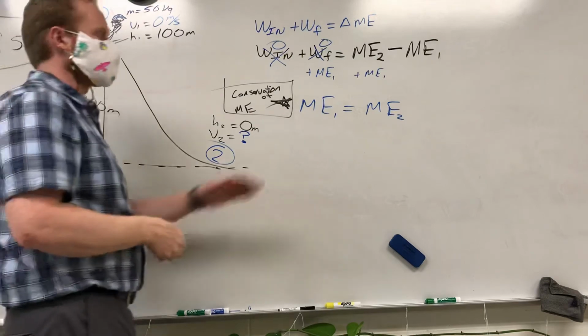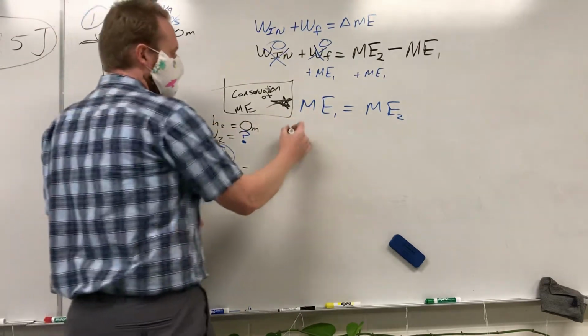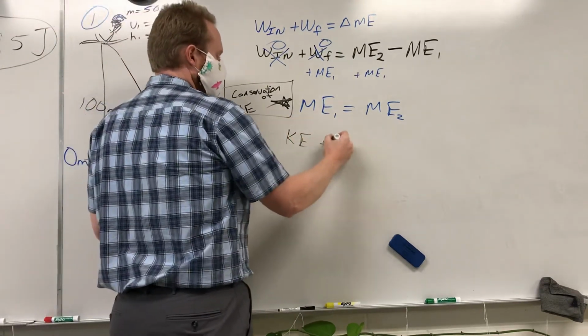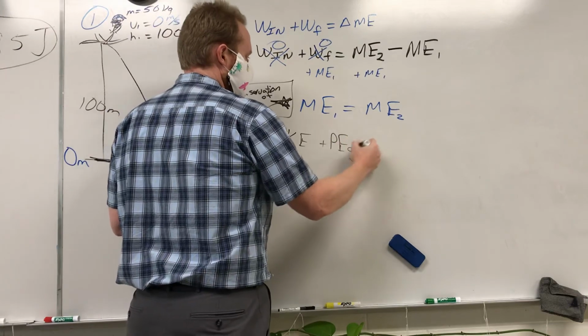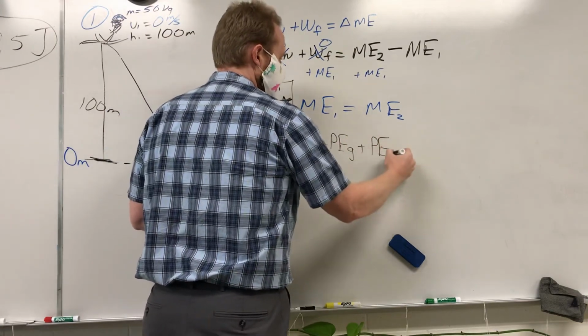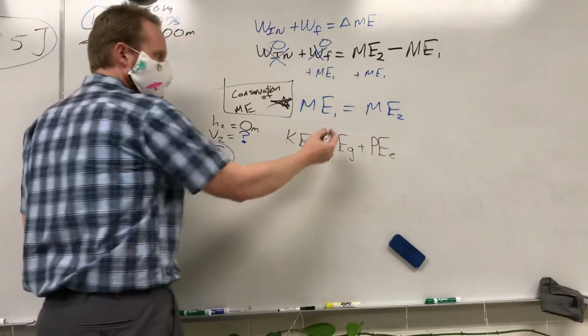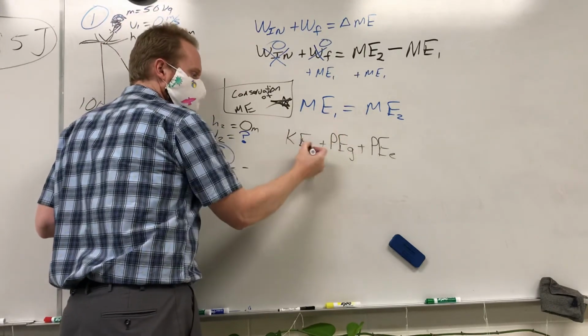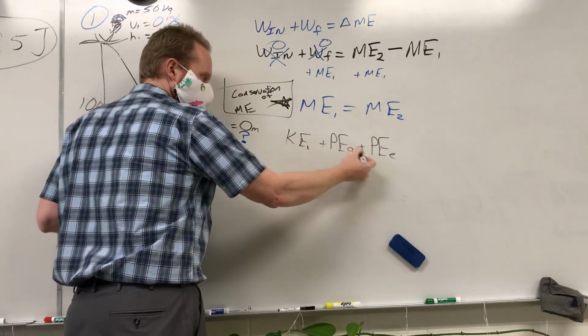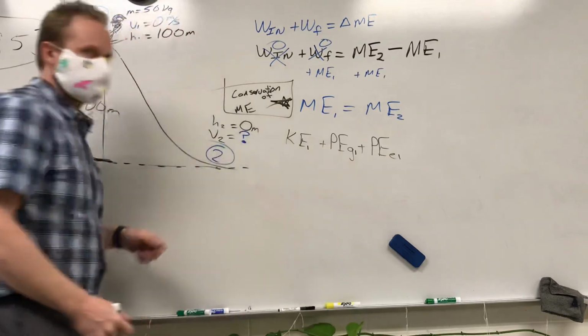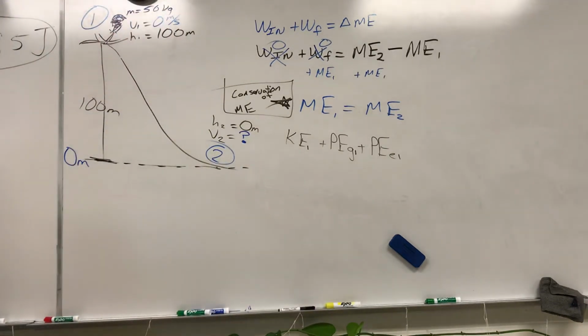So how do we solve this? Well, remember, mechanical energy is KE plus PEG plus PEE. Now we're talking about mechanical energy at location 1, so we go 1, 1, 1. That's ME1.